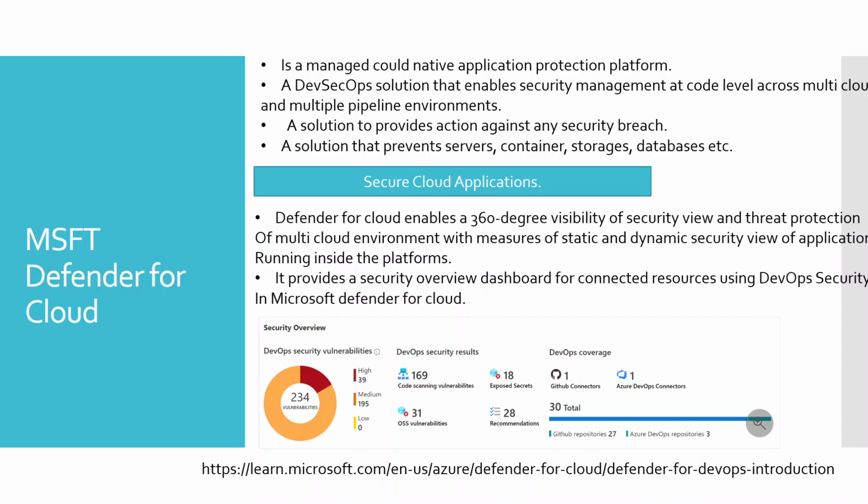At the code level, if secrets are exposed, or at the platform level, you can get statistics out of that. It also gives you recommendations. If you go to the recommendations, you will get knowledge of what you can modify or correct in terms of the overview. So this is how it works. You can also refer to the link below to get more idea about it.